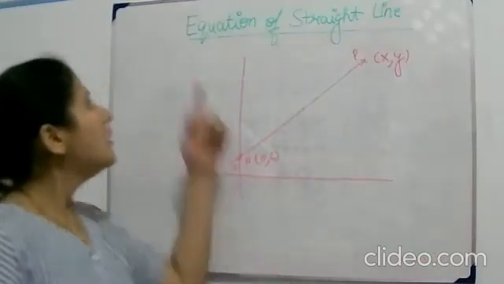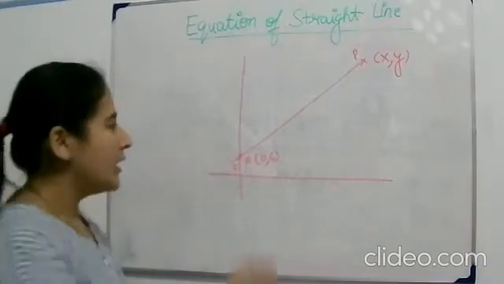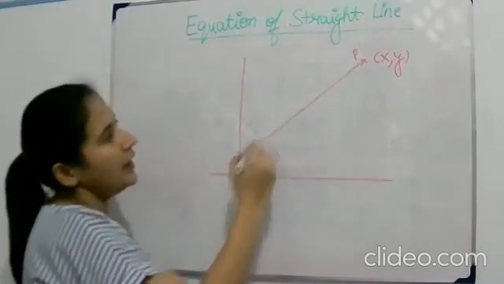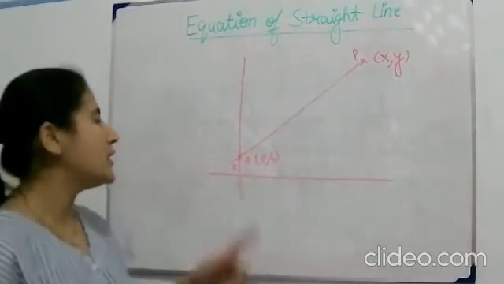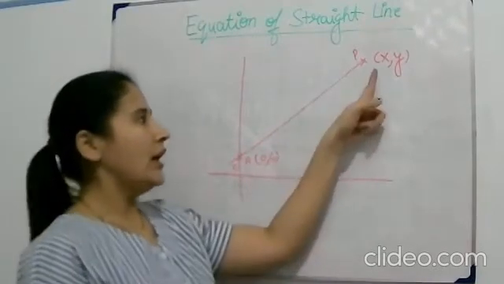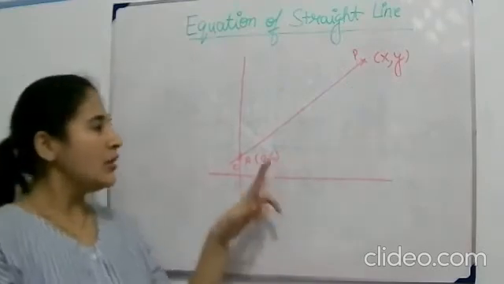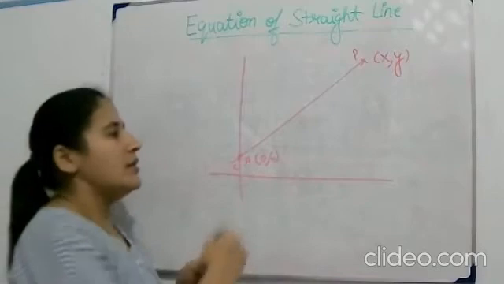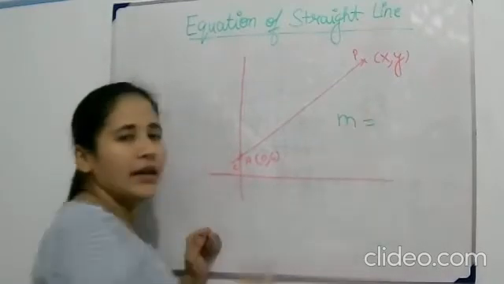Now, the equation of a straight line. This is a straight line AP, where the coordinates are given as 0, c and x, y. So if we know the coordinates, we can find m, that is the gradient.